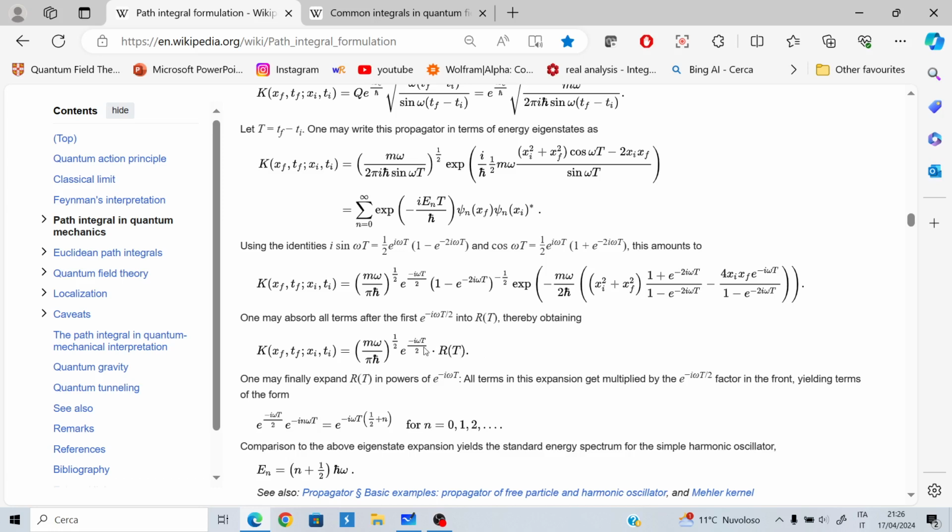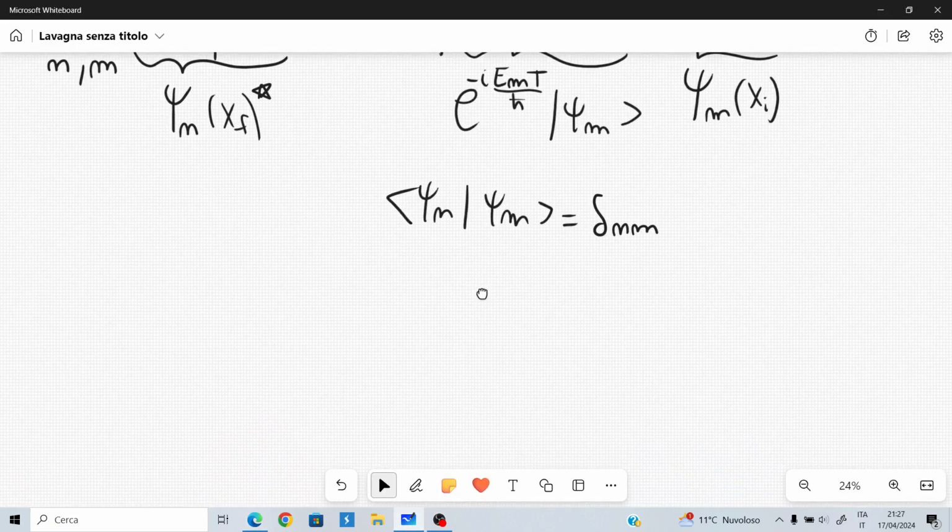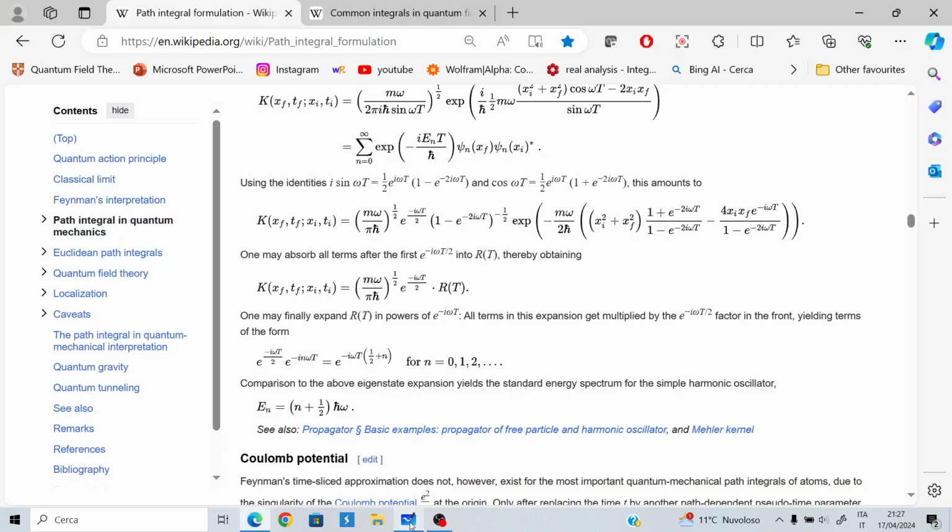And in principle, you can also expand this function r of t in powers of e to the minus i omega t, because you can see that this function depends on e to the i omega t, or powers of that. And therefore, you will have a certain summation of terms of the kind e to the minus i omega t, raised to some power, right?